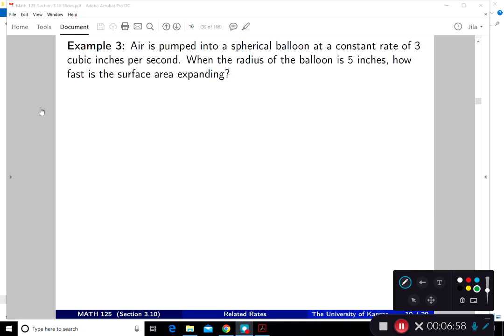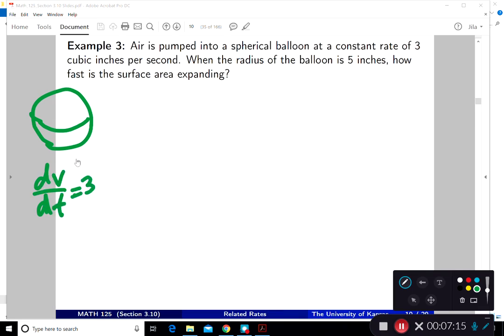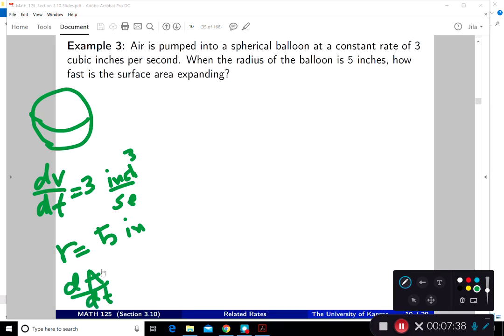And so let's see how this goes. What information do I have? I start with the sphere. So I have this sphere, and then I know that the air is being pumped. So dV/dt, which is the volume, is 3 cubic inches per second. And then the radius is 5 inches. Now it's asking me to find what? I find dA/dt, that's the change in surface area.